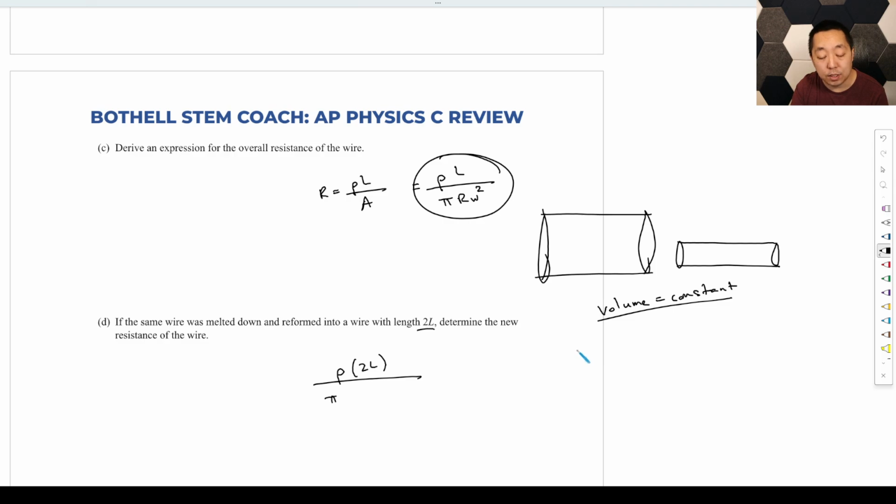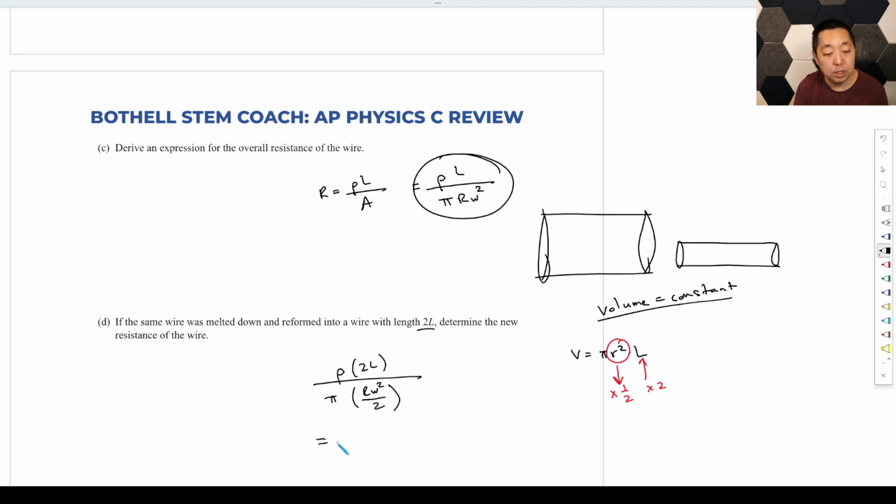The volume of a cylinder is pi r squared times the length. If we double the length, then r squared has to go down by a factor of 1/2. So the area goes down by 1/2, and it's going to be pi RW squared over 2.